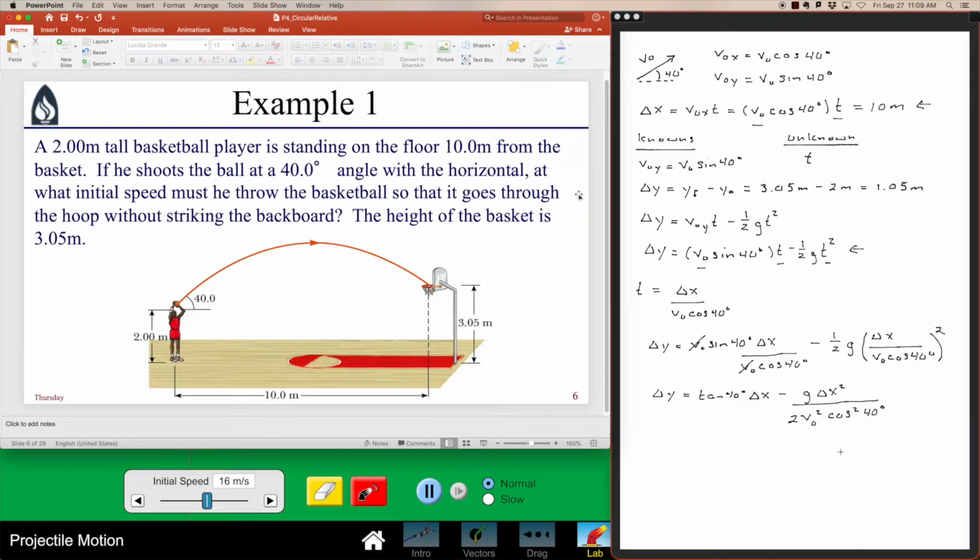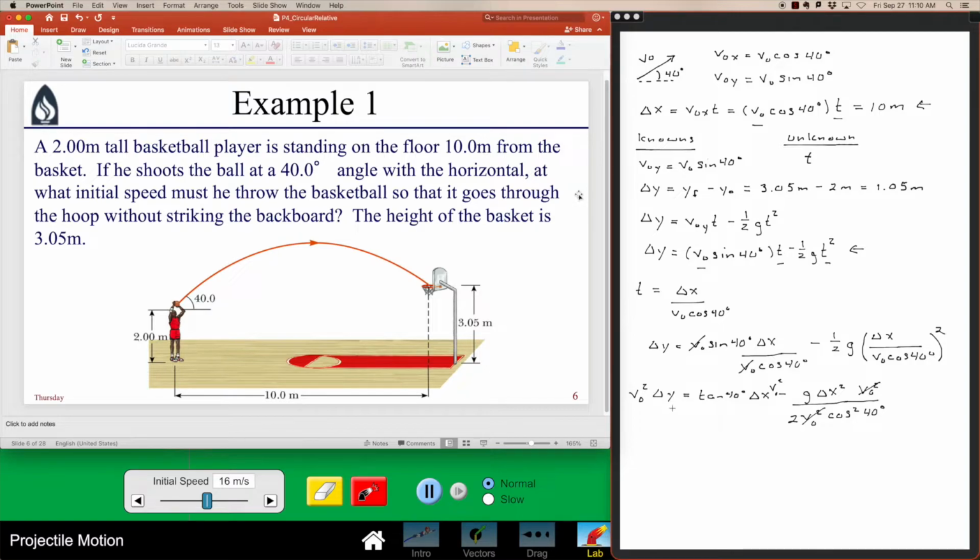So I'll multiply through everything by that initial velocity squared. That means multiplying each one of the terms by V naught squared. So there's a V naught squared here and a V naught squared here, and that cancels. Now I have two terms with a V naught squared in them, and I need all of my V naught squareds on one side of the equation.